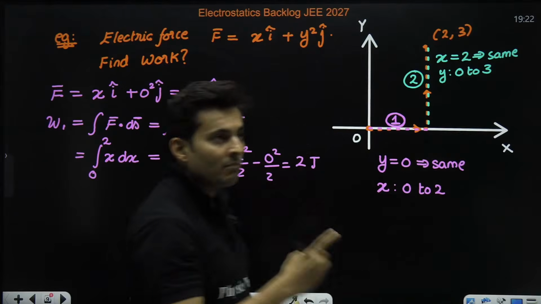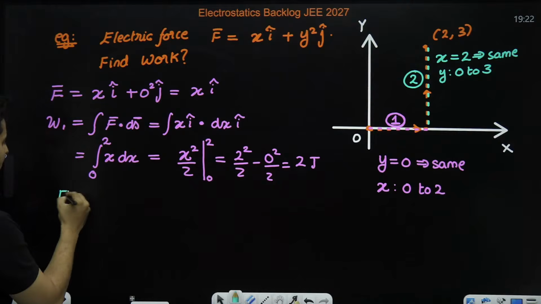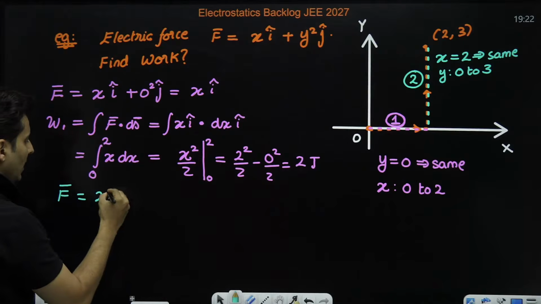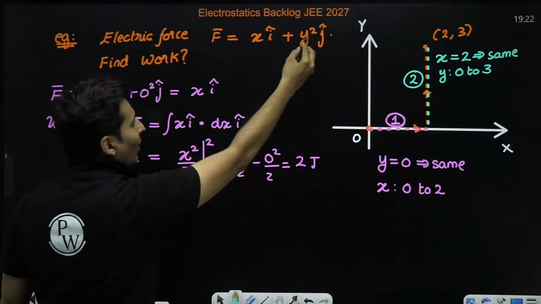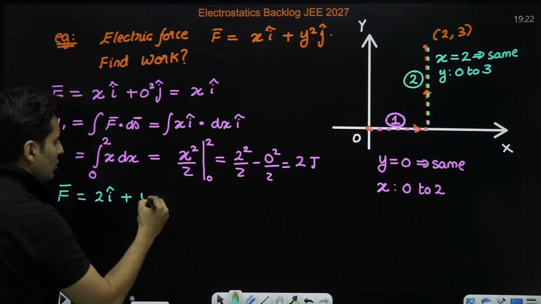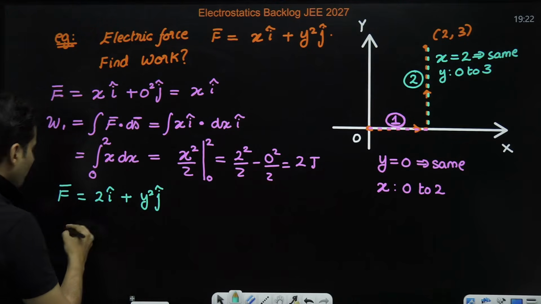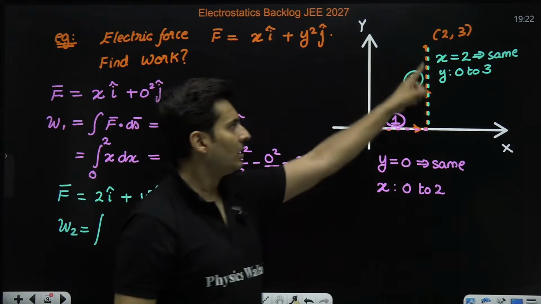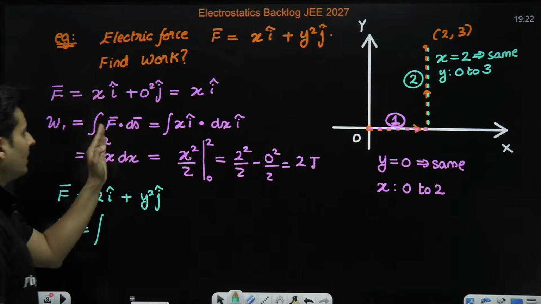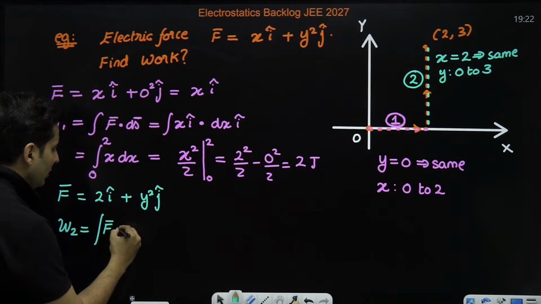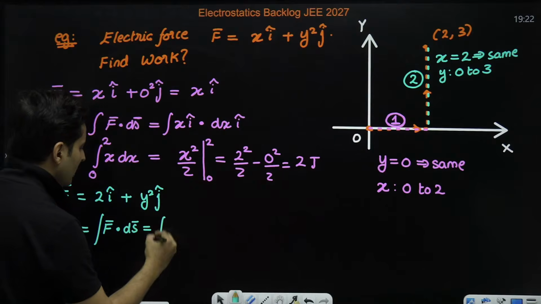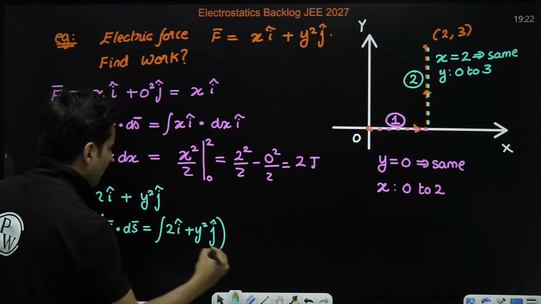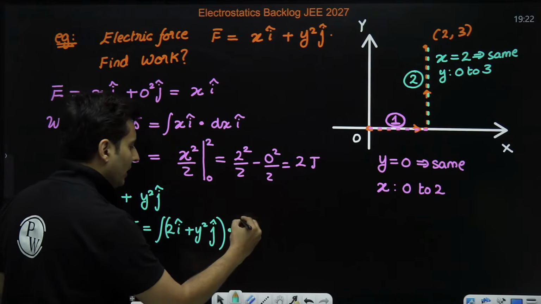Alright, perfect. Now if you write down the force in this particular path, my x coordinate is always constant. So it is 2 i cap plus y square. Y square is changing, so I'll just put y square j cap. So if I write the work done from here to here in this path 2, F dot displacement: my force is 2 i cap plus y square j cap, dot product with displacement.